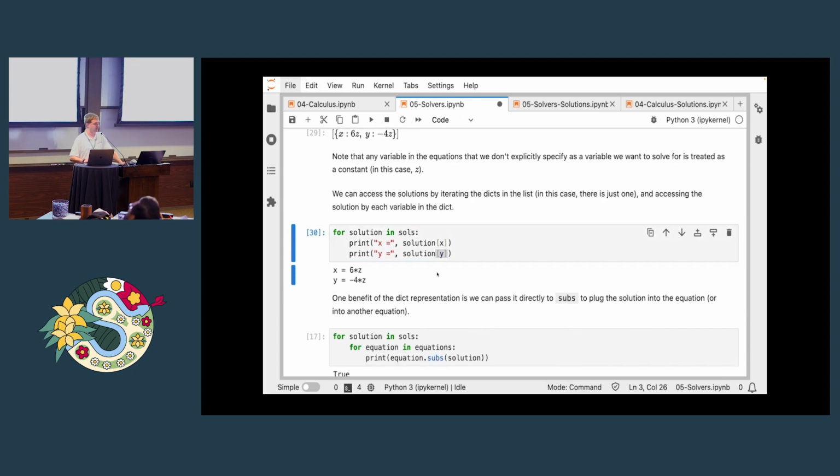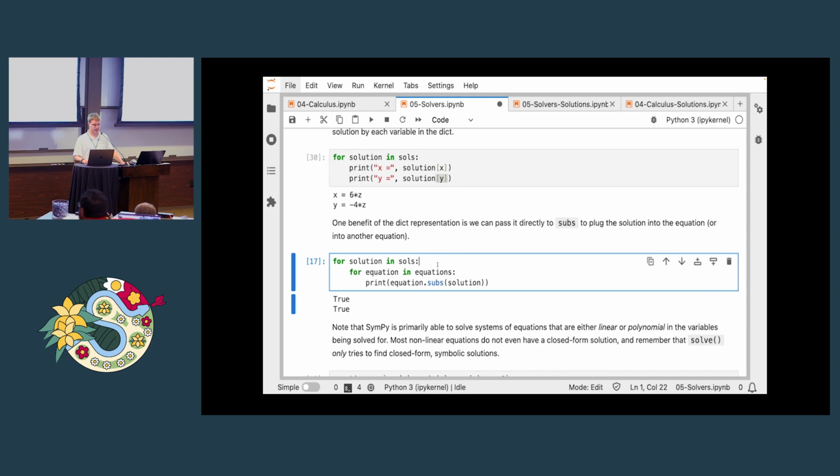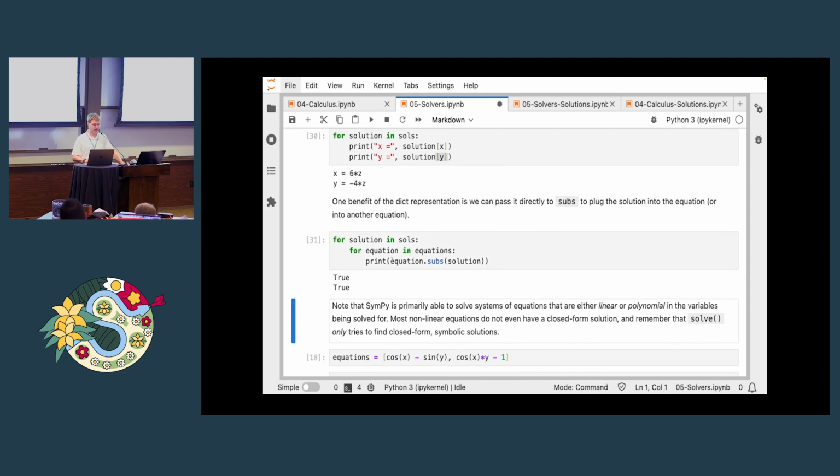The nice thing about this dictionary representation is that you can pass it directly to subs to substitute it. If we wanted to substitute this back into the equation to check that it's true, we can just pass the solution directly into subs, or we could substitute it into another expression, for example.